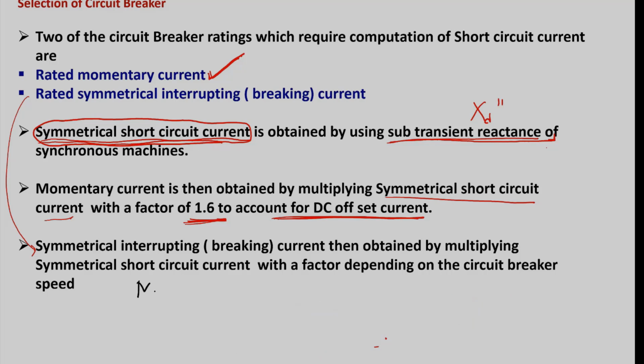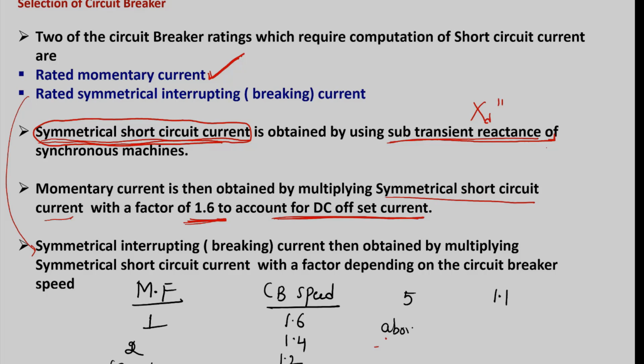Multiplication factor depends on circuit breaker speed, that is, in which cycle the circuit breaker starts separating. Suppose for the first cycle the multiplication factor is 1.6. Second cycle, 1.4. Third to fourth cycle, 1.2. Fifth cycle, 1.1. Above 5 it is 1.